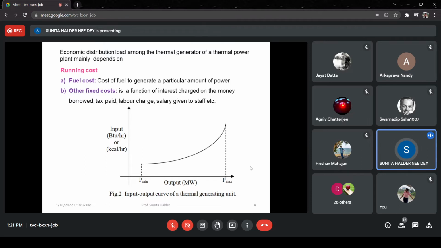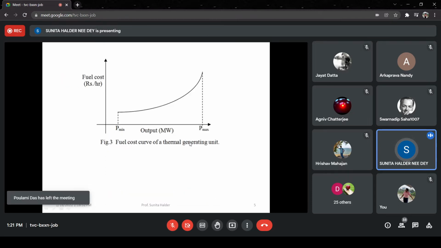In that way, the input-output curve may be converted into a fuel cost curve, in rupees per hour. Why per hour? Because generally we estimate the power generation on an hourly basis. It may be less than that, but generally we calculate on an hourly basis. We consider load fluctuations on an hourly basis. So this is called the fuel cost curve of a thermal generating station.